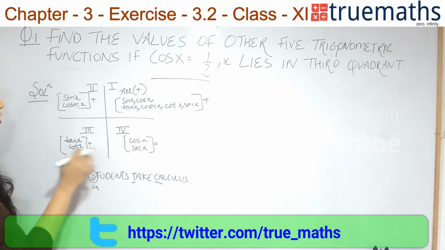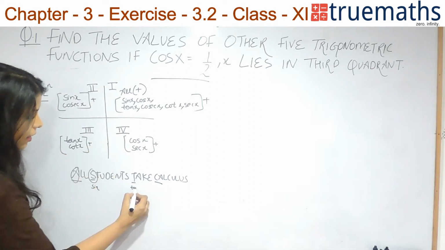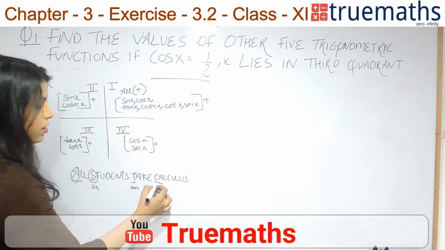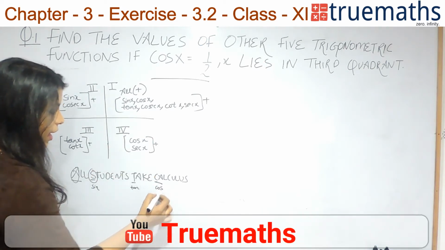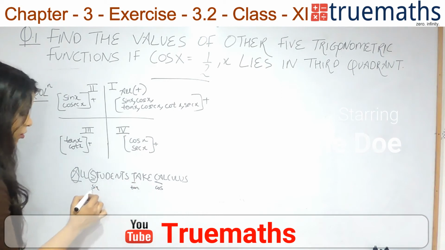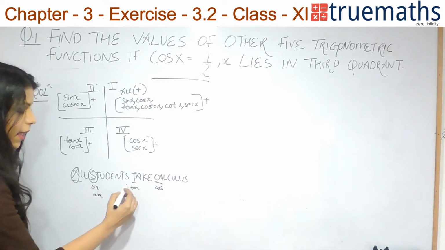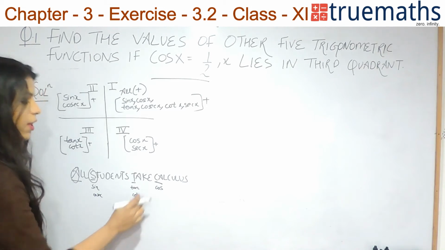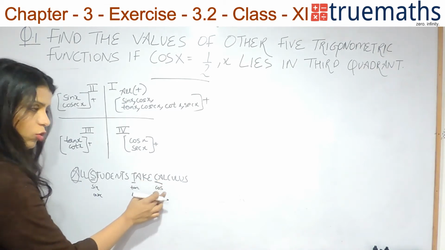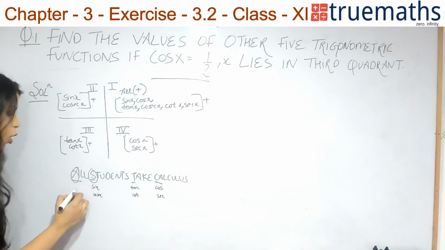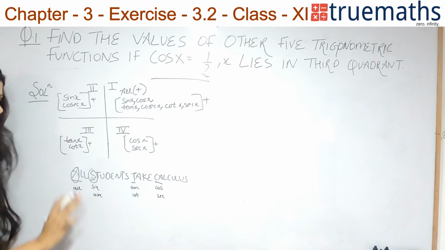In the third quadrant T, that is only tan and its reciprocal will be positive. And in the fourth quadrant, that is C, that is only cos and its reciprocal will be positive. So here sine and cosec will be positive. The third quadrant tan and cot will be positive. Fourth quadrant C, that is cos and sec will be positive. And in the first quadrant all functions will be positive.